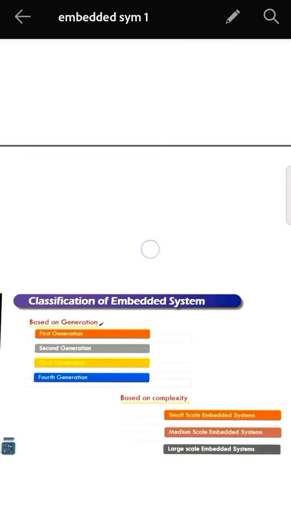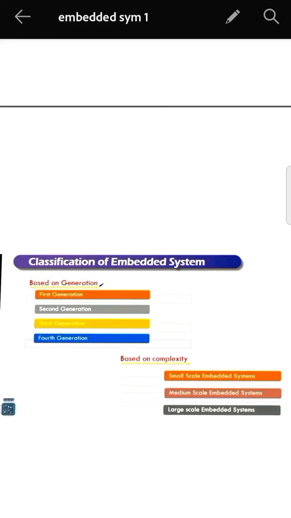Next, go for the classification of embedded systems. The classification is based on what we are using in the mobile phone: first generation, second generation, up to 5G, 4G level we have reached now. Like that they are classified the embedded system.